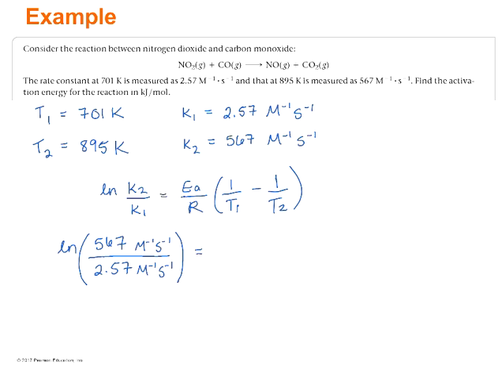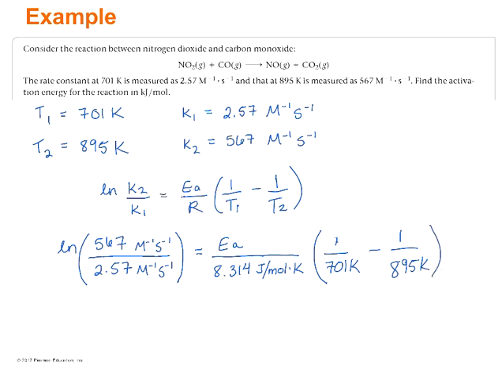Okay, and then we're trying to solve for the activation energy, so we'll leave that as EA. And then we're dividing by the gas constant, 8.314 joules per mole Kelvin. And then we're multiplying by 1 over temperature 1, which is 701 Kelvin, minus 1 over temperature 2, which is 895 Kelvin.